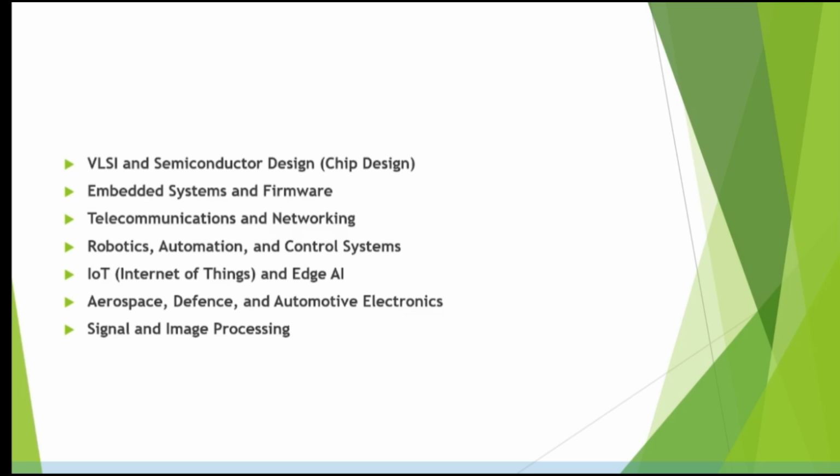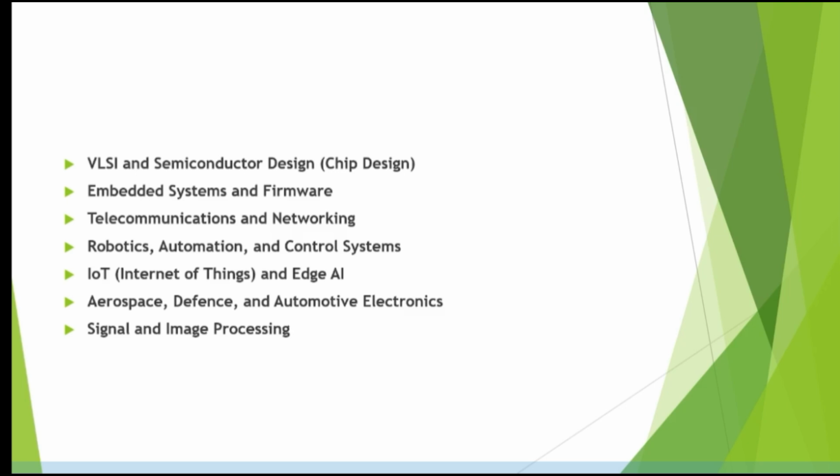This combines both hardware as well as software to perform some particular dedicated functions. When you want to enter into embedded systems and firmware, what are the courses that you need to do? We will be discussing it in the upcoming session, right?